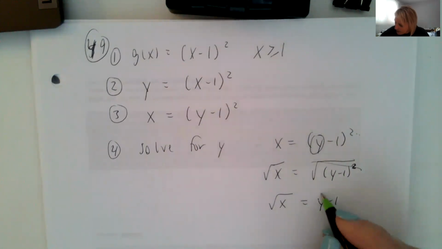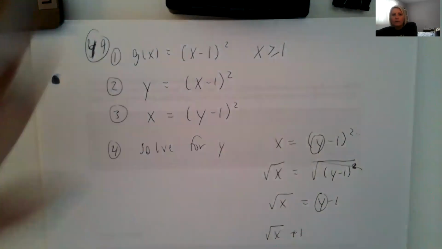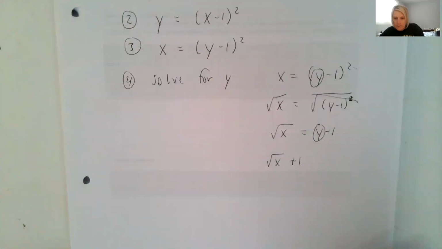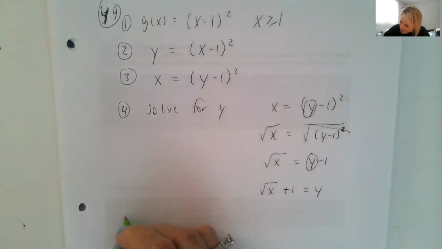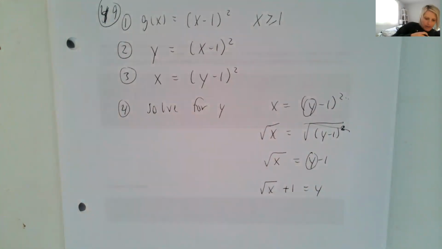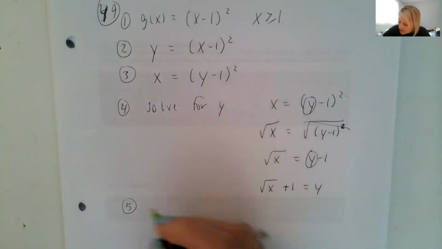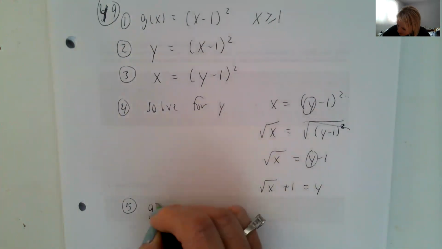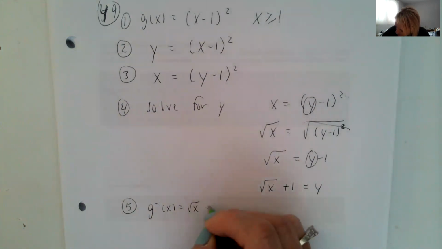And now to solve for y, we have to add 1. So it's the square root of x plus 1. Make sure the plus 1 is outside of the square root. And then my fifth step is rewriting it as the inverse. So the inverse of g is equal to the square root of x plus 1.